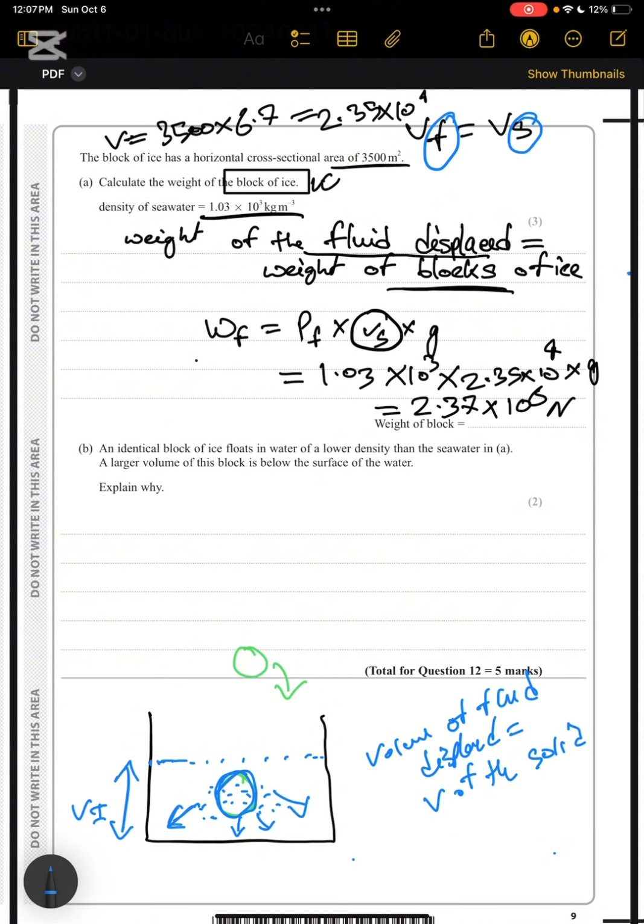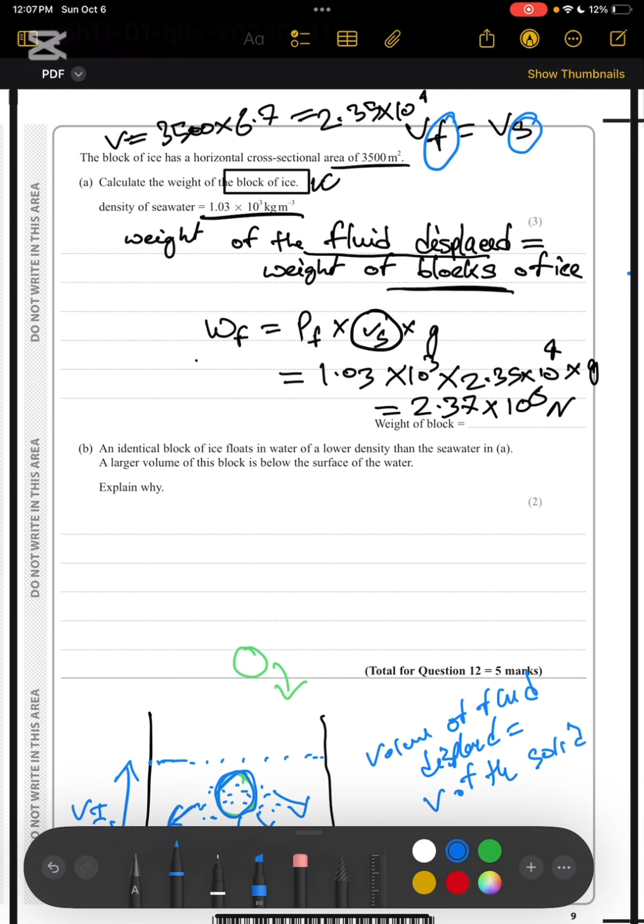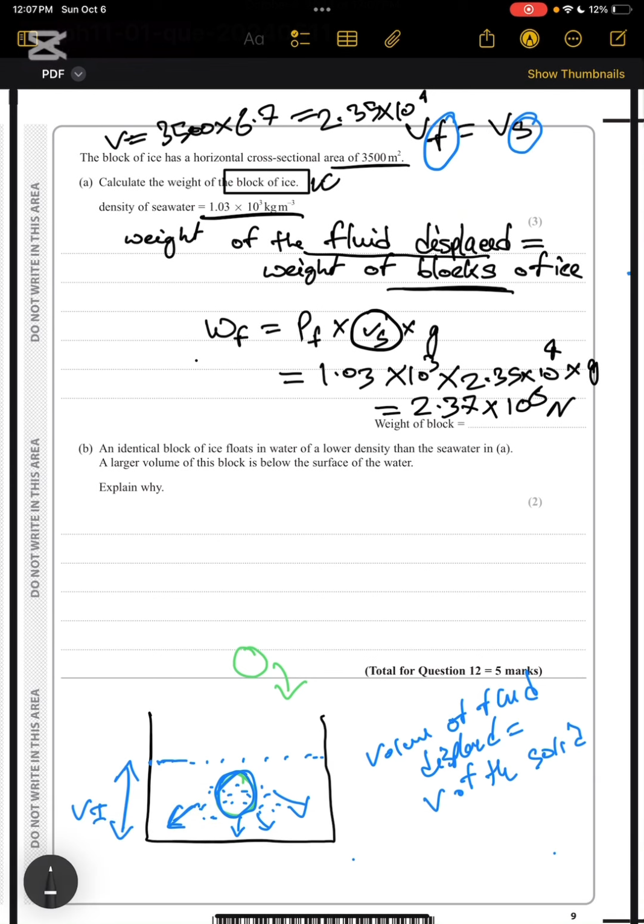Another thing I want to mention is the weight of the fluid displaced and the weight of the block of ice. Don't you think that as the water level was in this position before, when I immersed this ball into this beaker, the water level has risen? There is a change in volume of the water, and the water has risen because some of the water has been displaced.